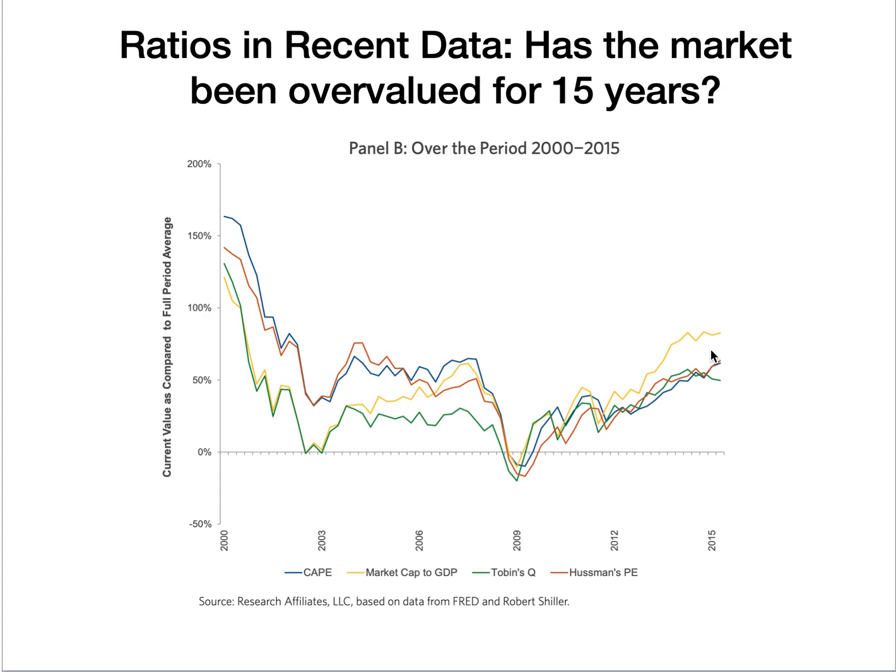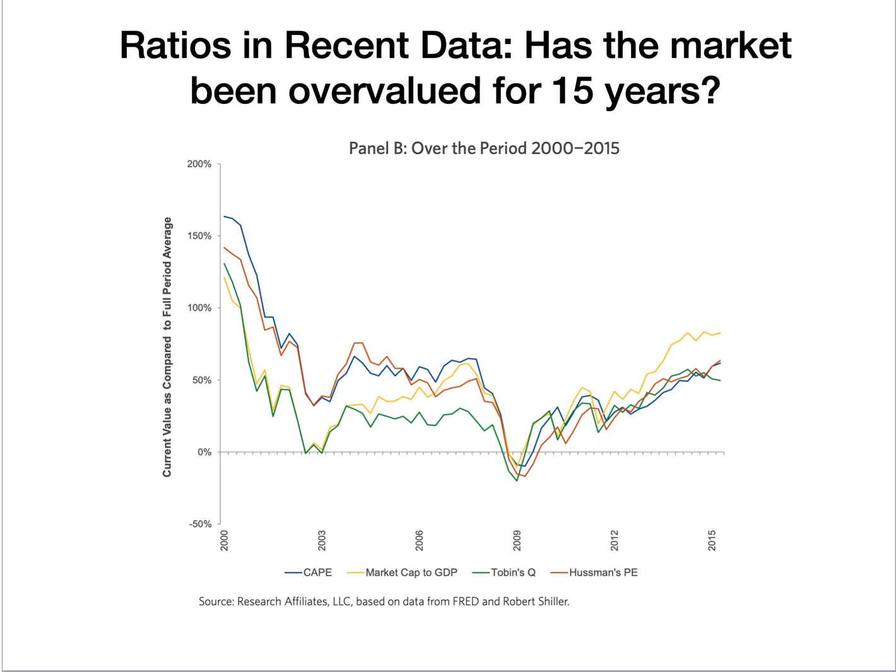If we simply use the logic that the stock market is high relative to its long run mean based on these indicators, then we would have spent the last 20 years saying, oh, the stock market's overvalued. And the stock market has given very nice returns over the last 20 years. So if you were speaking to a client, they might get a little tired of hearing you say the same thing over and over, that the stock market's overvalued.